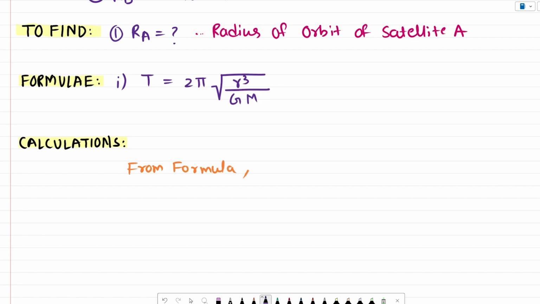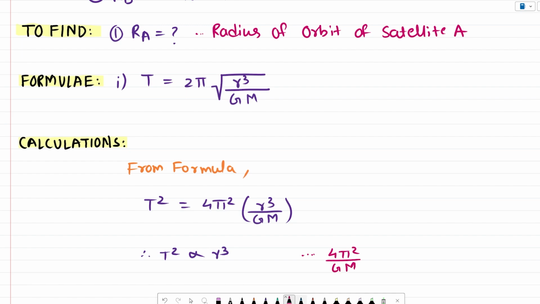If I square both sides, then T square is equal to 4 pi square into r cube divided by G into M. From this, I can say that the square of the time period must be proportional to the cube of the radius of the orbit, because for a given planet, the term 4 pi square divided by G into the mass of the planet is always constant.